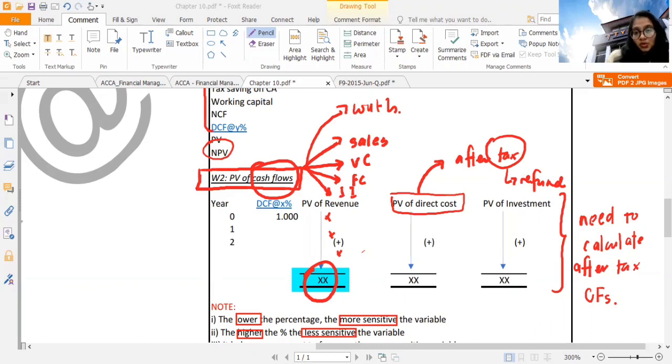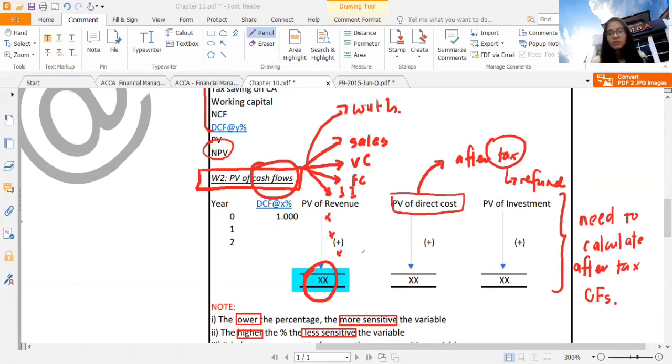Normally, you will know that when one project variable changes, the other will change as well.